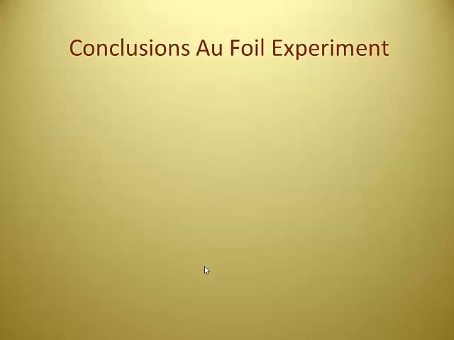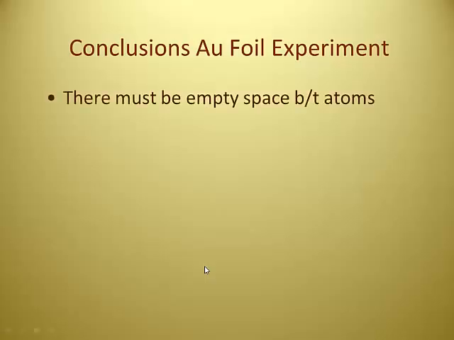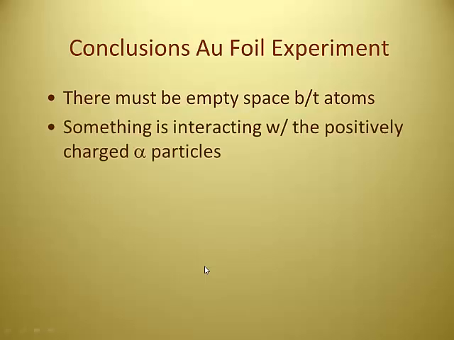All right, so conclusions of the gold foil experiment from the YouTube video and what we just said. There must be empty space between the atoms. The reason why there must be empty space is because some of those alpha particles actually got through. Which makes sense. If there's empty space, they passed on through, which is what they expected, right?